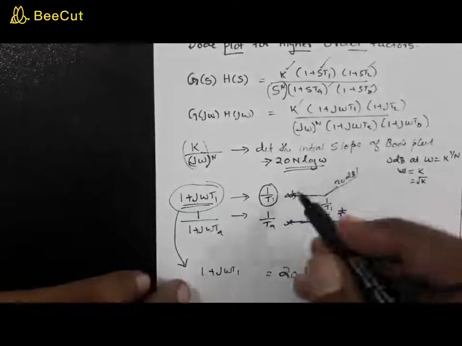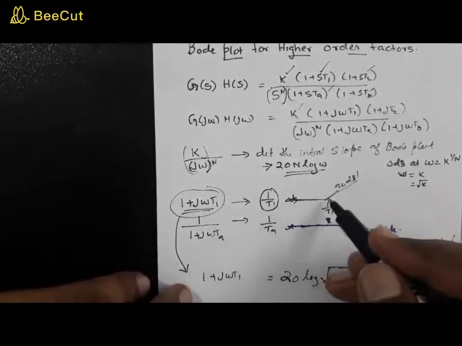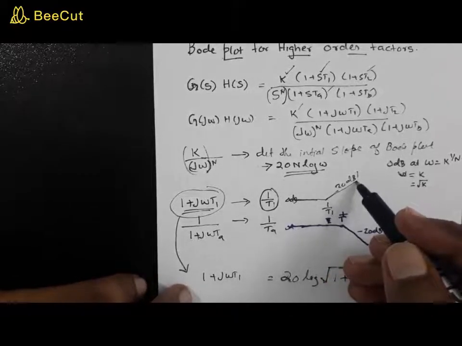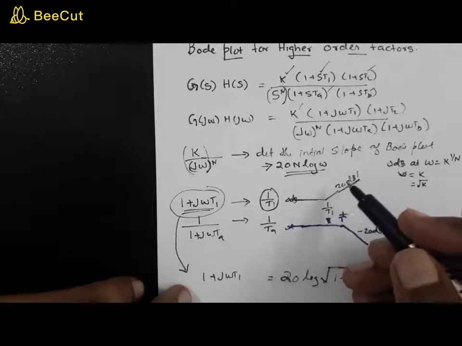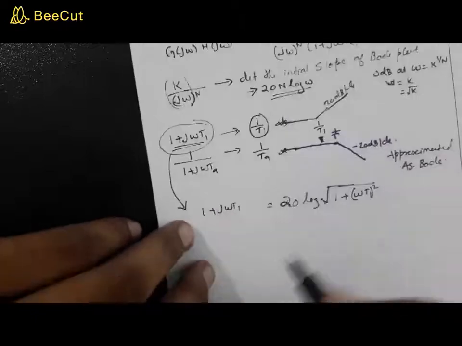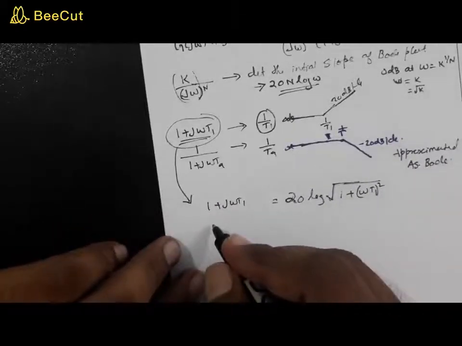Now how do you arrive at this conclusion that from 1 by T1 onwards it starts to increase at a rate of plus 20 dB per decade? That we found out by two assumptions, right?